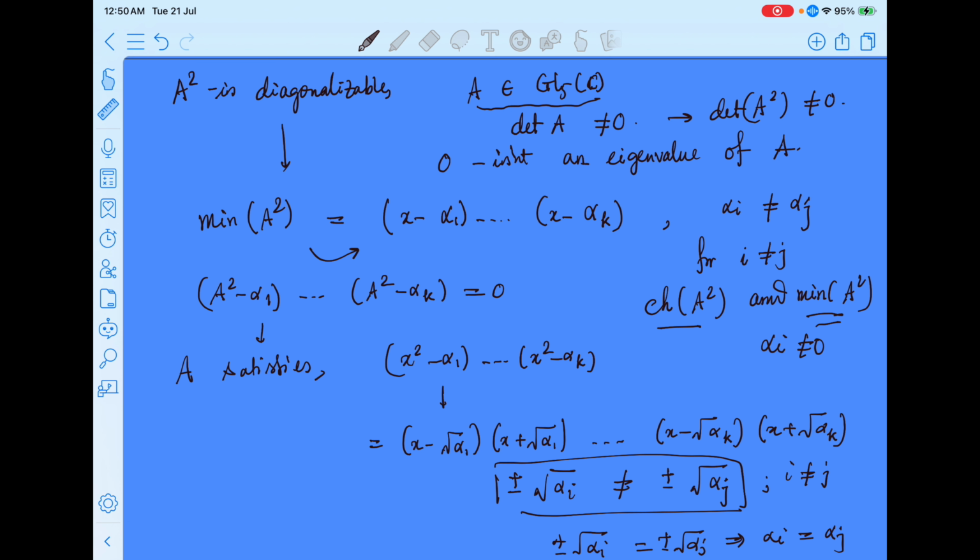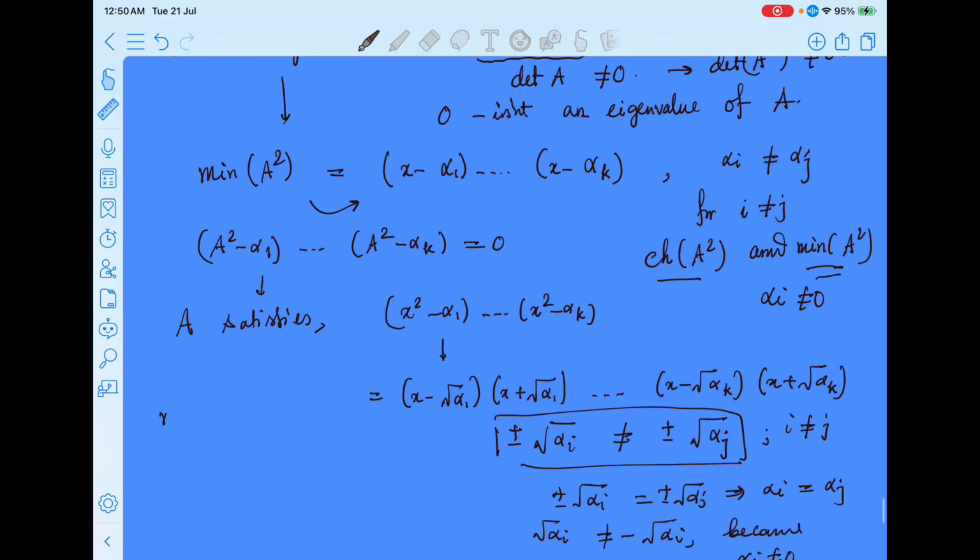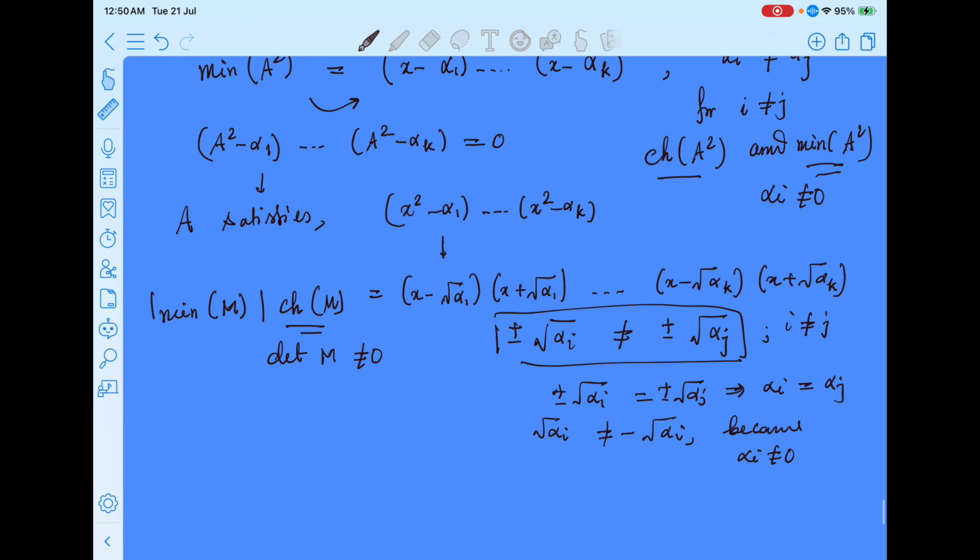You can do it otherwise. You can do it by this method: the minimal polynomial of a matrix, let's say M, divides the characteristic polynomial of the matrix, right? If the determinant is non-zero, so what does that mean? The characteristic polynomial is just the minimal polynomial of M times some other polynomial, let's say g(x), right?